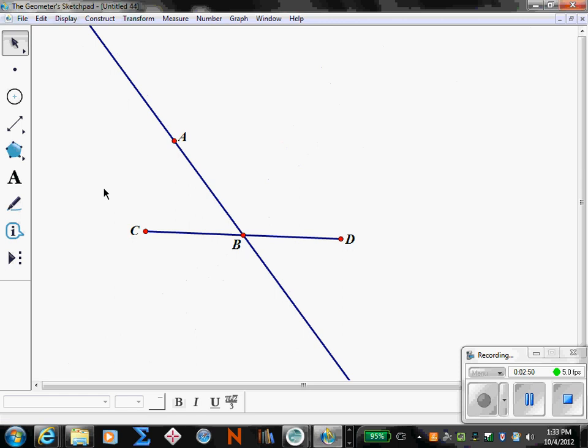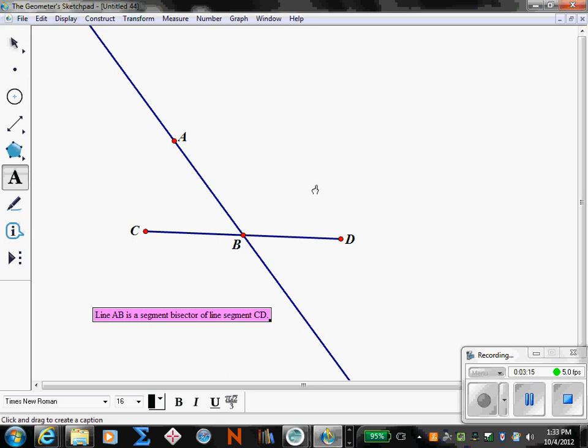Okay, so line AB is a segment bisector of line segment CD.